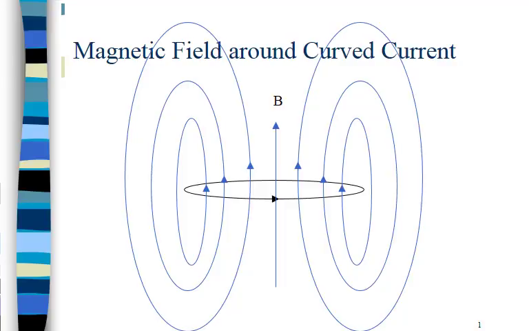If you grab the masking tape with your right hand, and your thumb is pointing in the direction of the current, you'll see how your fingers pass through the middle, and those represent those blue arrows passing through the middle and then coming around.